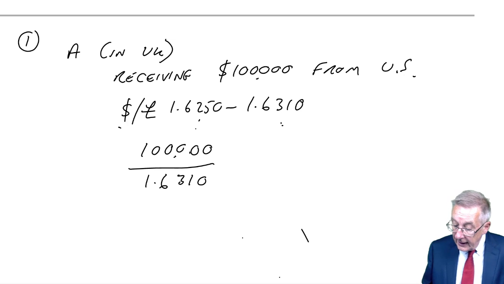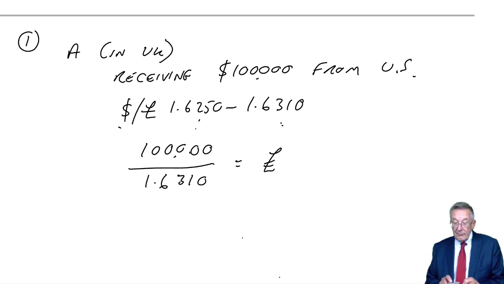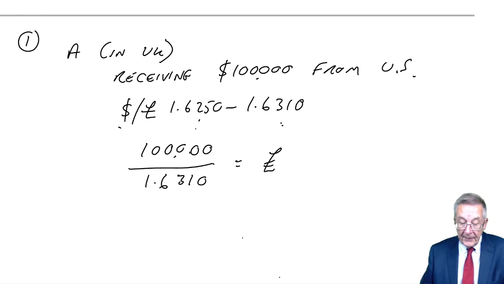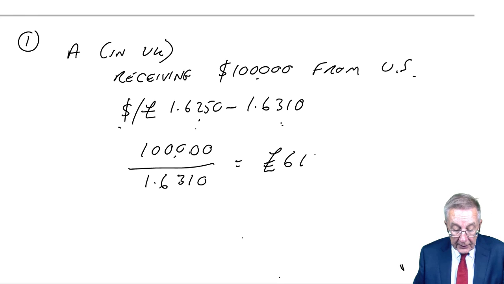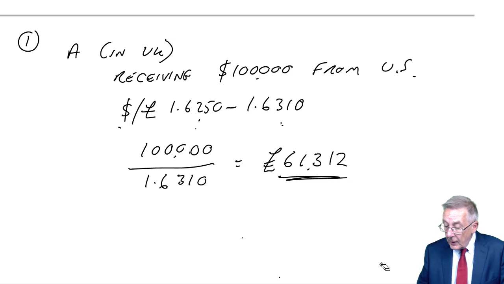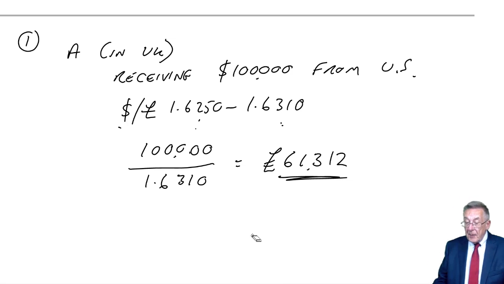Therefore, we convert at the higher rate, and it converts to 100,000 divided by 1.6310. It converts to 61,312. And in foreign exchange questions, normally it does expect you to do things to the nearest pound, nearest dollar, whatever it is.